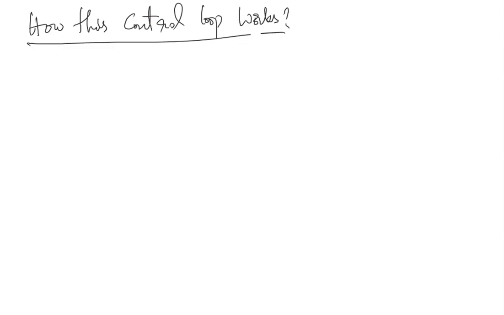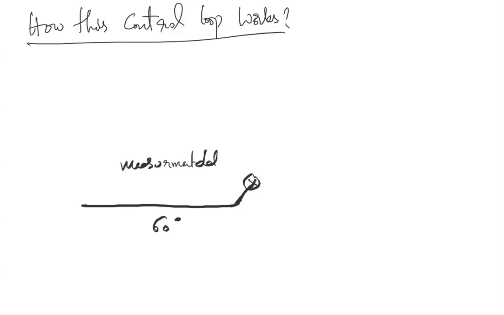Let's assume that my temperature is 60 degrees centigrade. So imagine the sequence of events. Here the temperature starts to rise. Why is this rising? Because there is some disturbance. So this is where the measurement detected 61. So the measurement is 61.